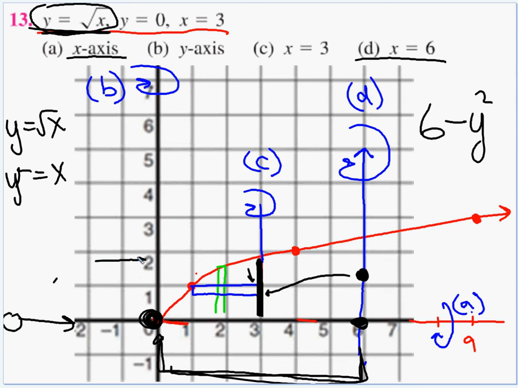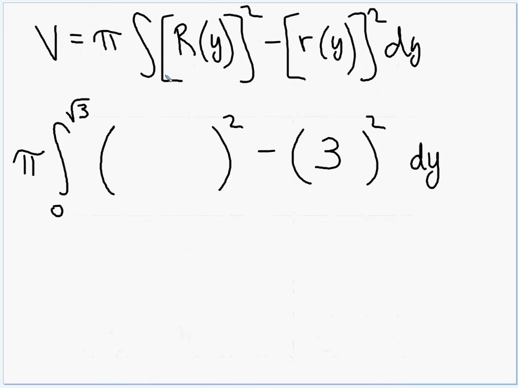Up here, just below 2, is that root of 3. If I put the root of 3 in for this y, 6 minus the root of 3, that's squared. That'll be 6 minus 3. So there we are 3 units away from our axis of rotation. So that looks like it. We have a 6 minus y squared as our outer radius.